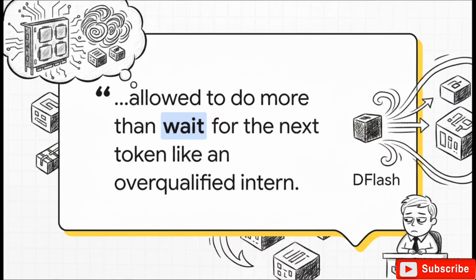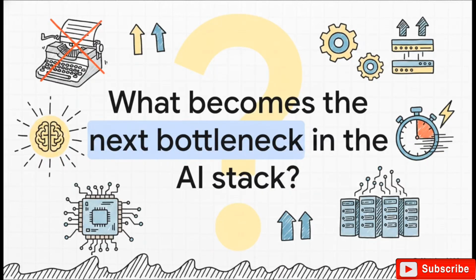It's a funny way to put it, but it hits the nail on the head. We have been starving our most powerful silicon for years, and DFlash finally gives it the raw data throughput it was built to process. We are officially standing on the edge of truly instantaneous, high-quality local AI.